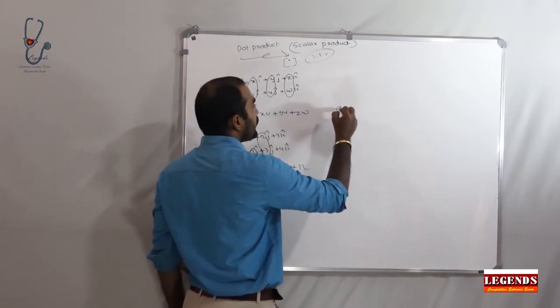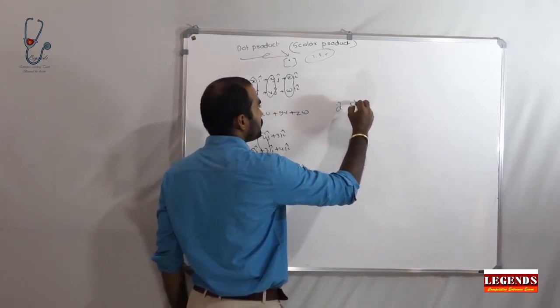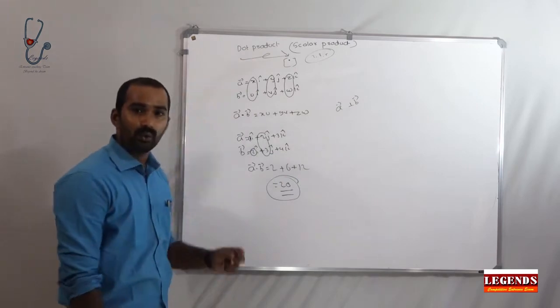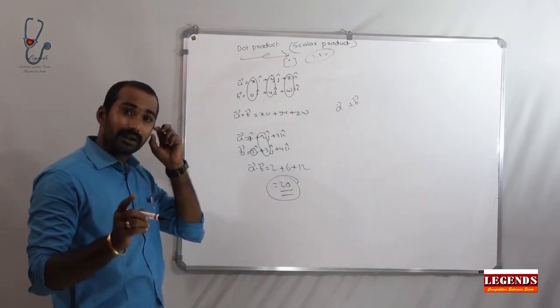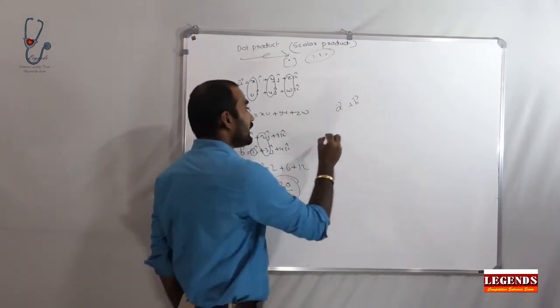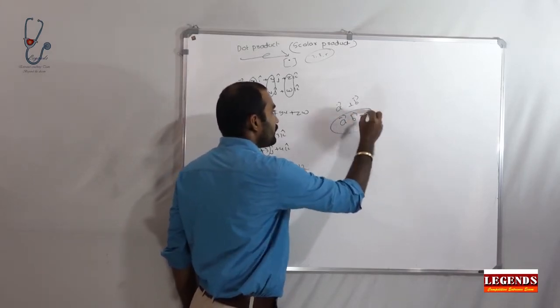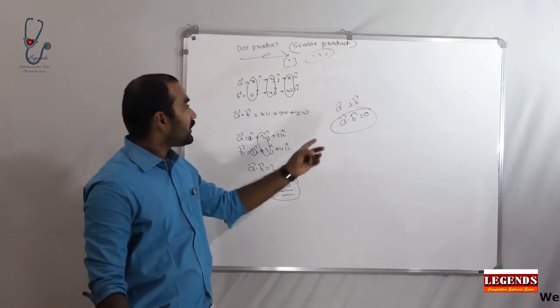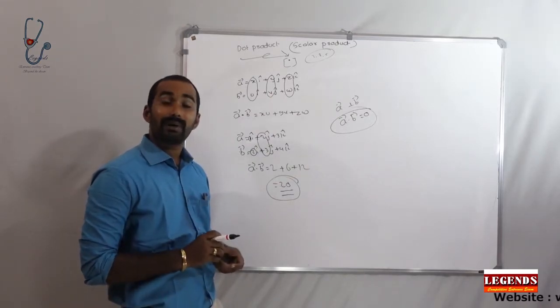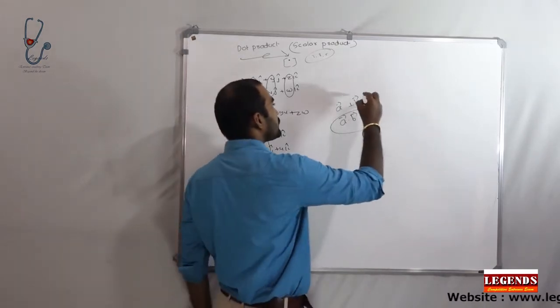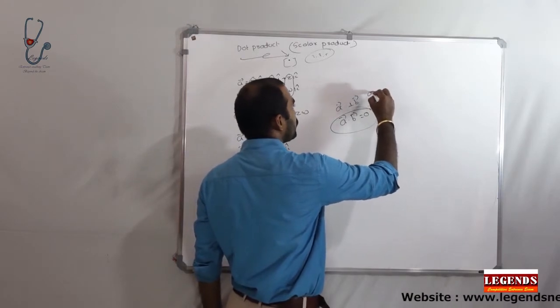In order to show that two vectors are perpendicular, it is sufficient to prove that their dot product is 0. That means in some questions, we need to show that the given two vectors are perpendicular. Perpendicular is otherwise known as orthogonal.